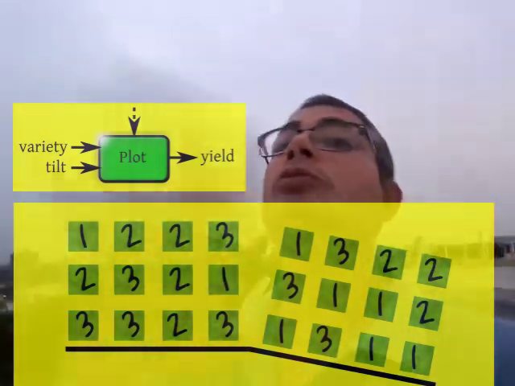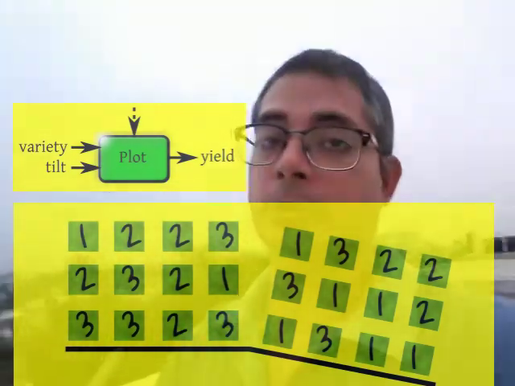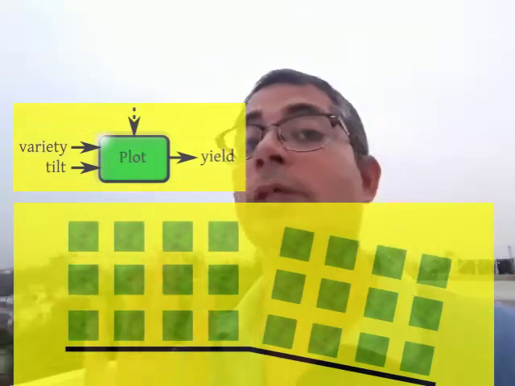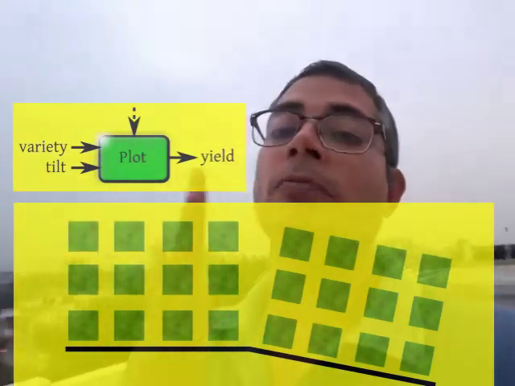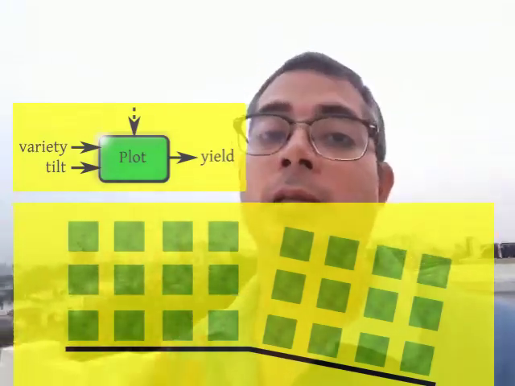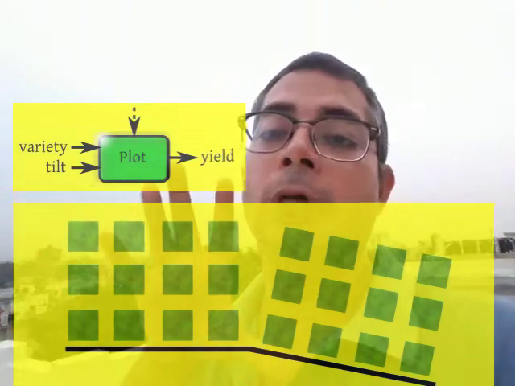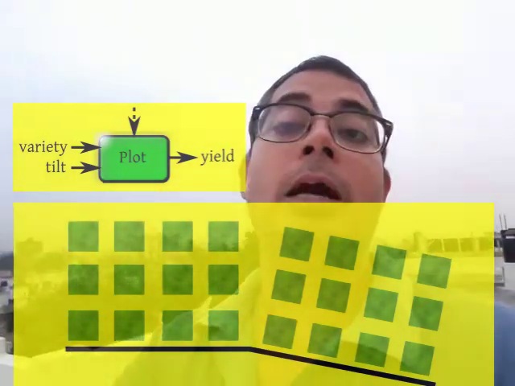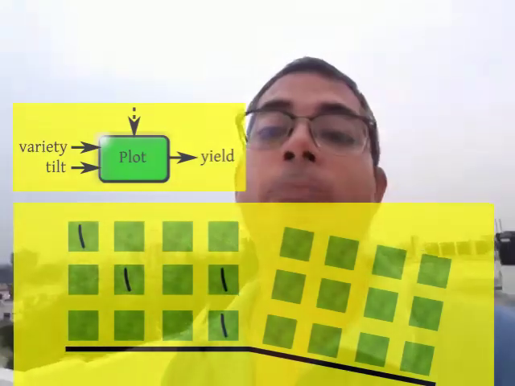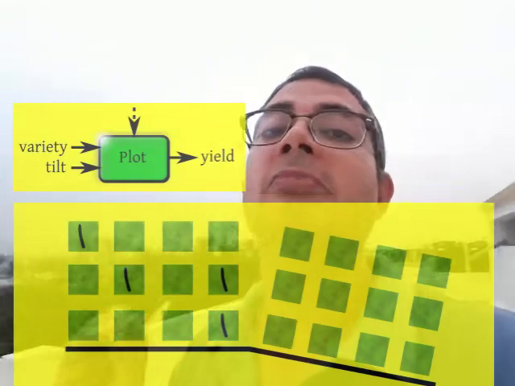Earlier, we took all the 24 plots and randomly partitioned them into 3 equal parts, 8 plots each. Now we shall again start with the same 24 plots, half of which are on the sloping side, half of which are on the plain side. Then I will focus my attention on, say, only the plain part. There are 12 such plots, and I will pick 1/3 of them and devote them to variety 1.